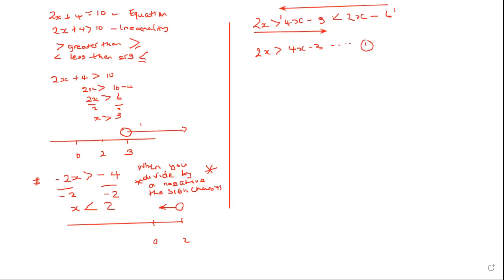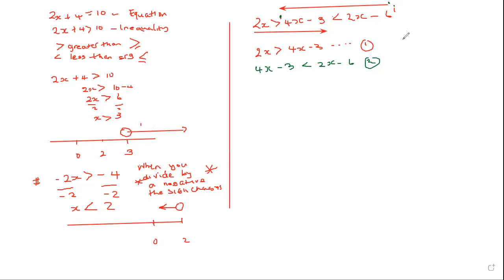Let me change the color of my pen to show that we have another inequality. We pick it from this to this level. So it becomes 4x minus 3 less than 2x minus 6. This becomes inequality number 2.